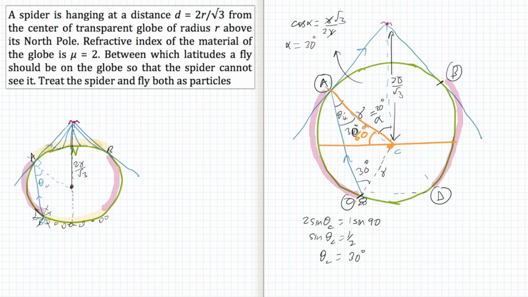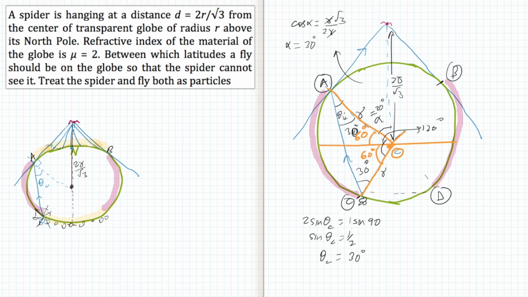And let's look at this extreme position C. In this triangle A, C and O, this angle is 30 degrees and this angle is 30 degrees, so that means this angle will be 120 degrees. And this was 60 degrees, so this angle will also be 60 degrees. So this is the other extreme position C. So the insect can be between A and C, that means 60 degrees north and 60 degrees south.